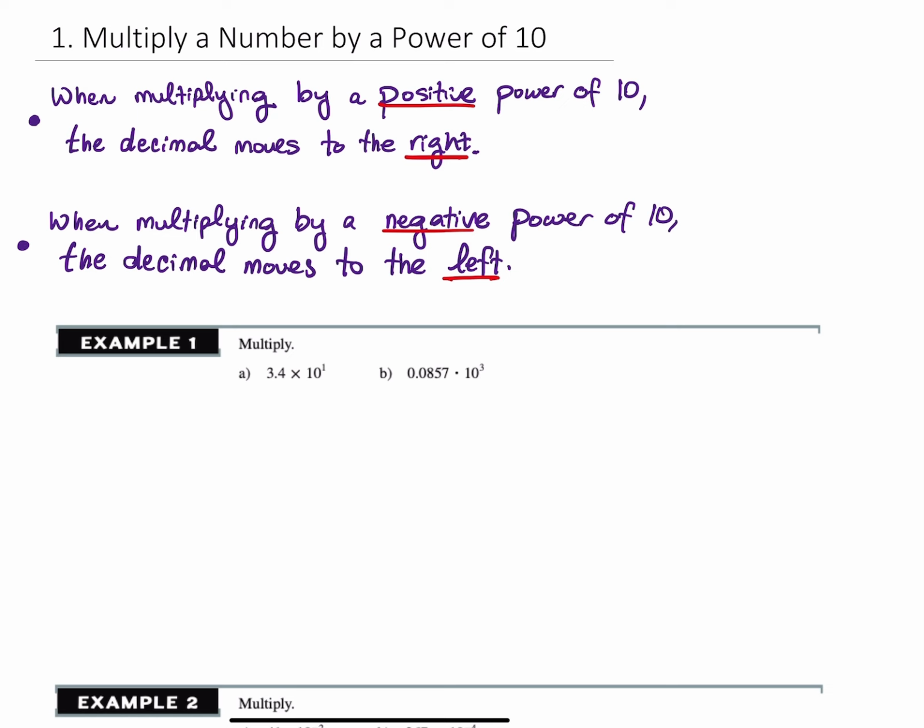In example 1, part A, we have 3.4 times 10 to the first power. The power is positive, so we're going to move the decimal one place to the right.